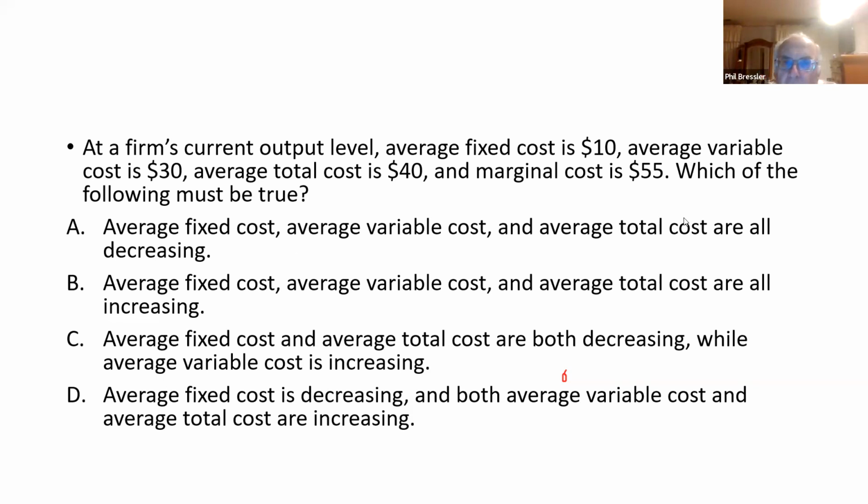At the firm's current output level, average fixed cost is 10, average variable cost is 30, average total cost is 40, and marginal cost is 55. Which of the following must be true? Give you a minute.